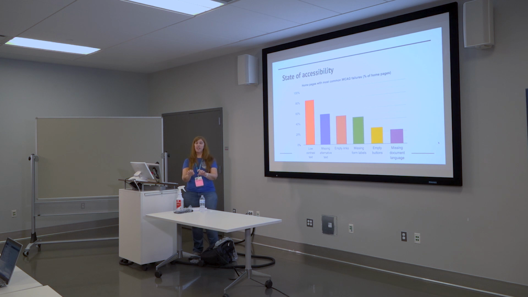All right, now type the text in and hope I don't get interrupted again. Again, empty buttons are very similar to empty links, except empty links is going to be the anchor tag or the A tag, and empty buttons is going to actually refer to the button tag. So as you can see, combined, that is a lot of JavaScript going on that is basically making it very, very hard for people with assistive technology to use the site.